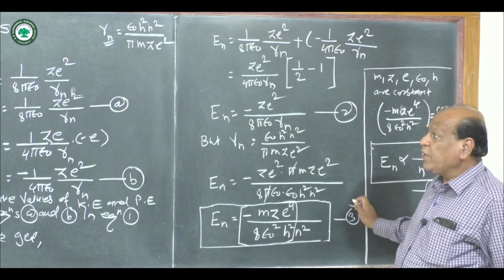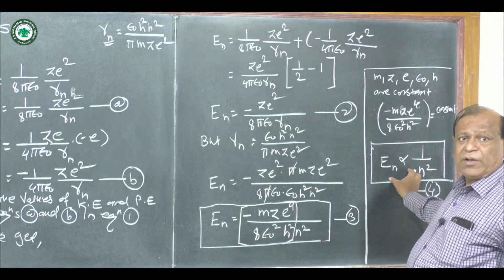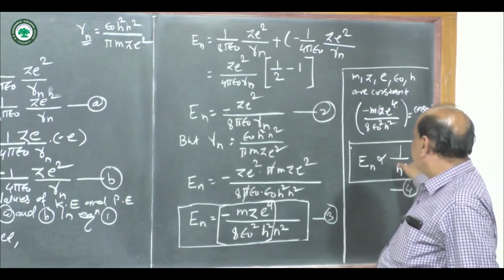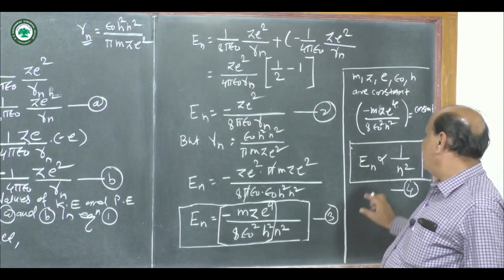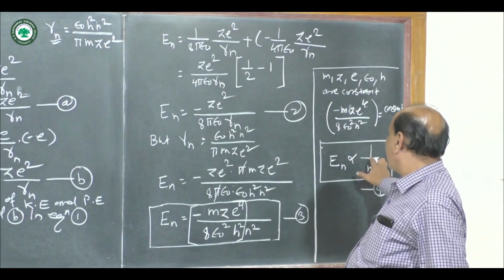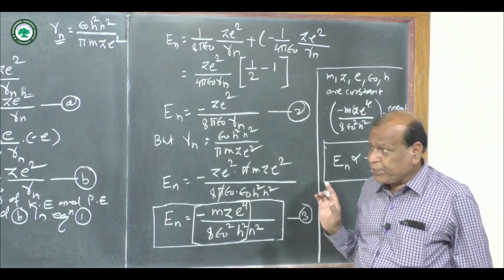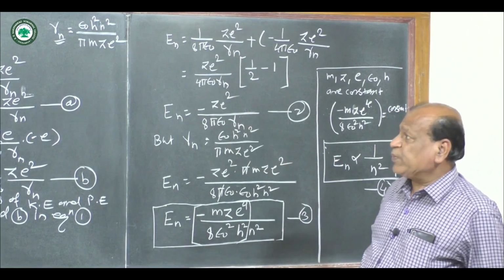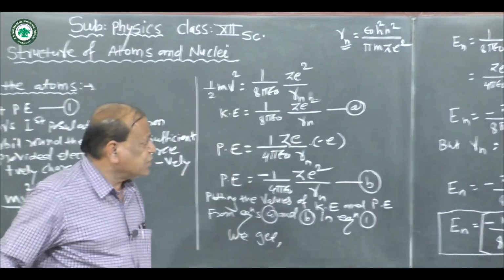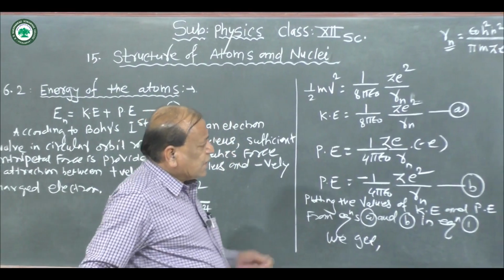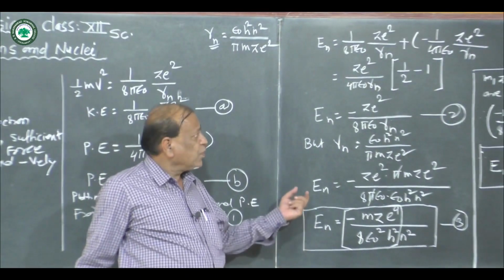Hence the energy of the atom for the nth orbit is inversely proportional to the square of the principal quantum number. That is, En is directly proportional to 1 upon n square. In this way, we can easily obtain the expression for energy of the atoms, and that expression gives this equation number 3.